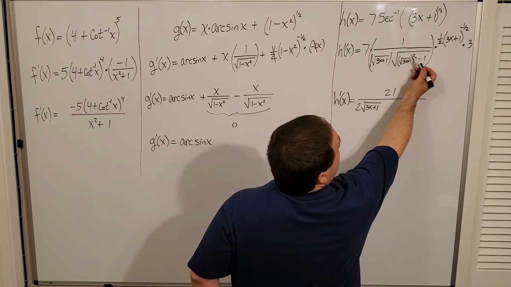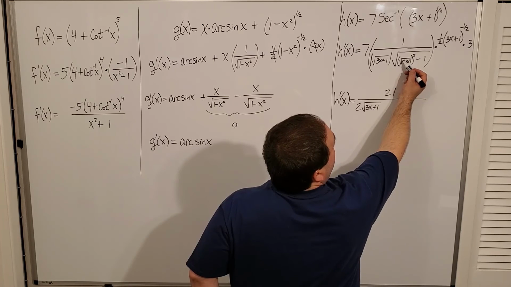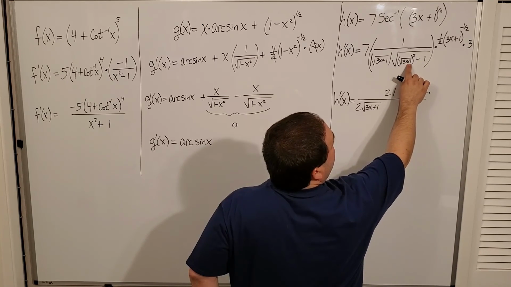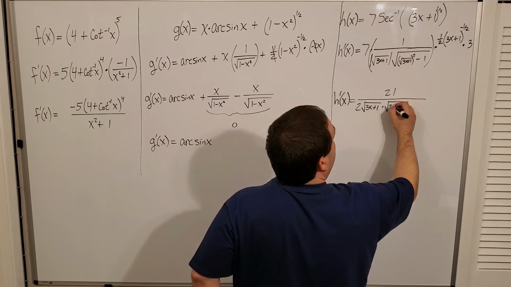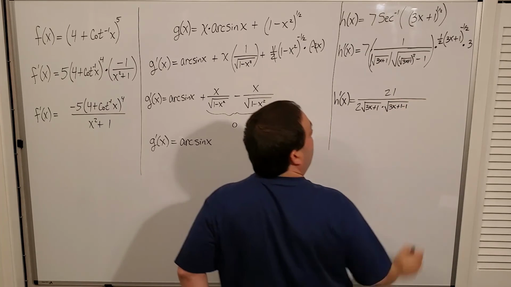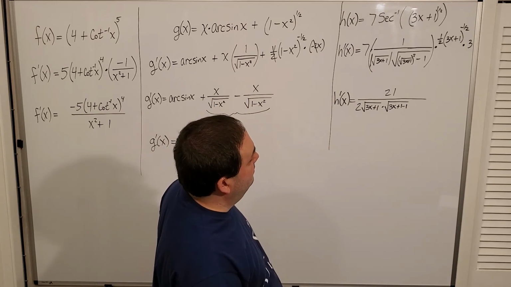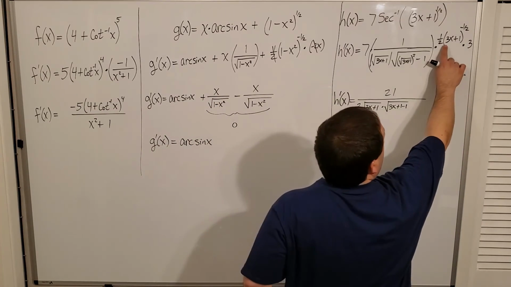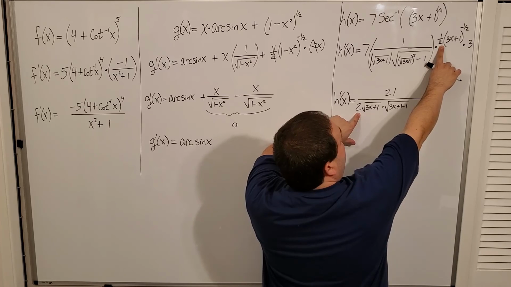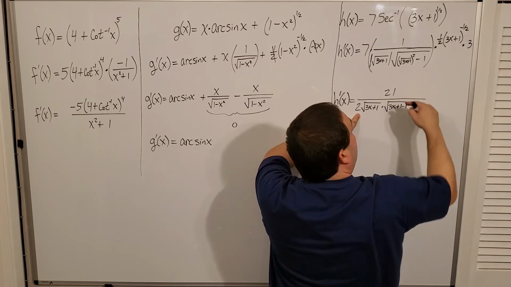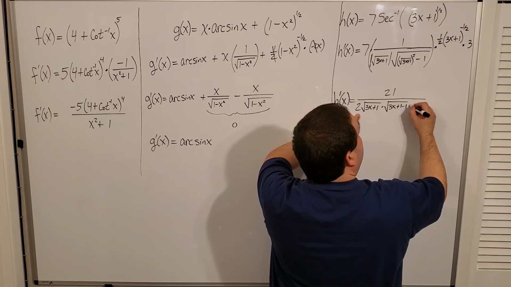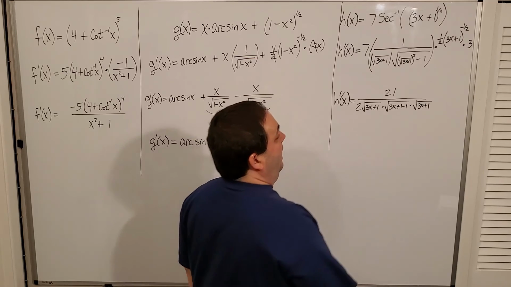Here, notice this is a square on a square root. That's just going to be 3x plus 1 minus 1. Like that. Okay? I already took care of the 1/2. There's the 2 there. This is negative power, and it's a radical in the denominator. Square root 3x plus 1, like that.